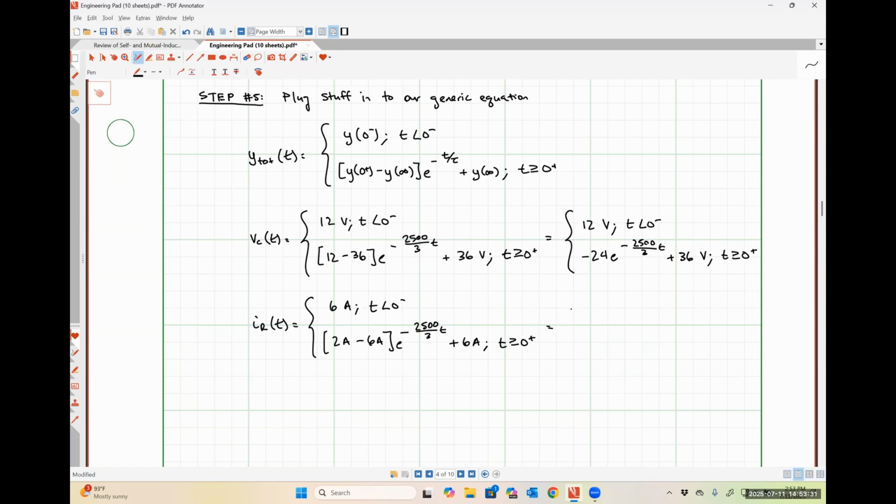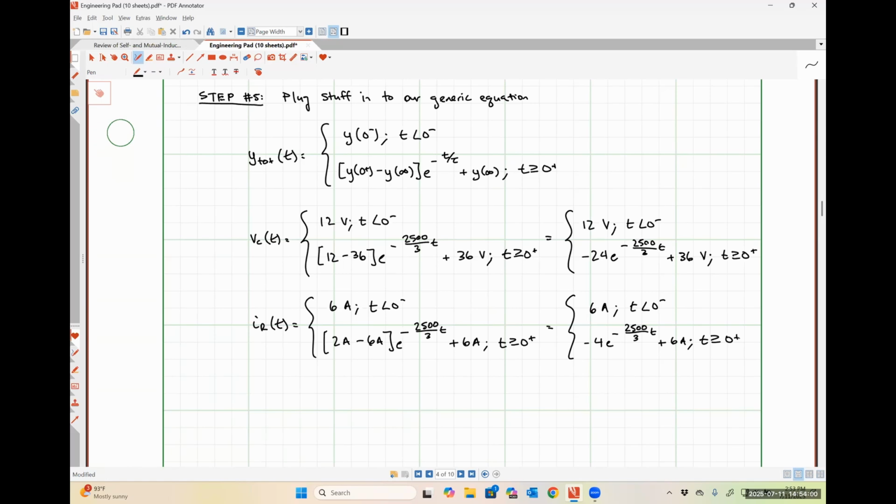And once again, simplifying this, we just have 6 amps for t less than 0 minus, and then negative 4 e to the minus 2500 over 3 t plus 6 amps for t greater than or equal to 0 plus.